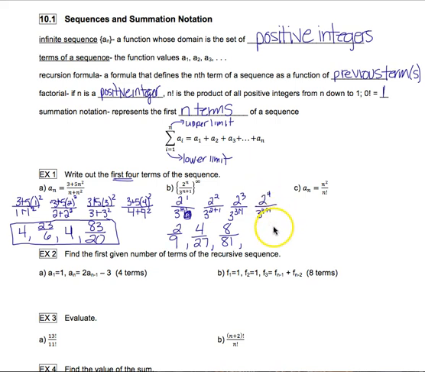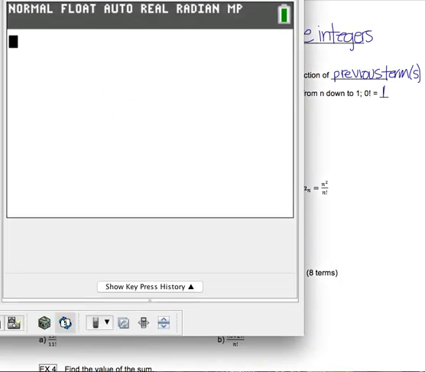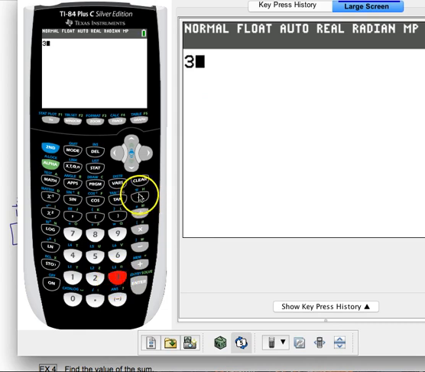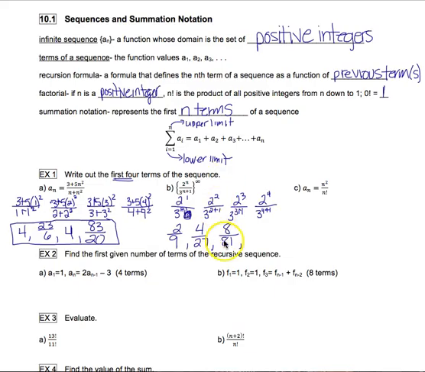So 2 to the fourth is 16, 3 to the fifth, I think that's 243, but let me check. Yep, okay. So 243 in the bottom and 16 in the top. So here is the answer to that one.